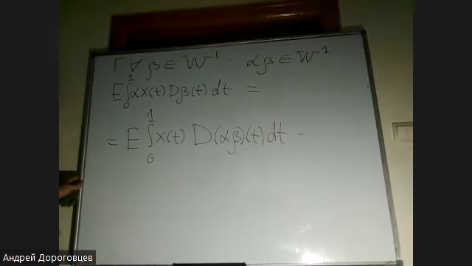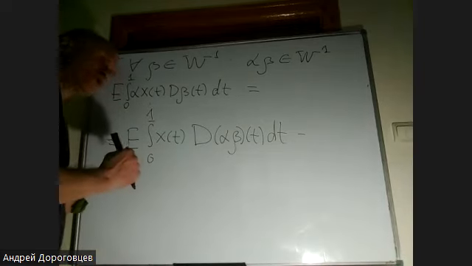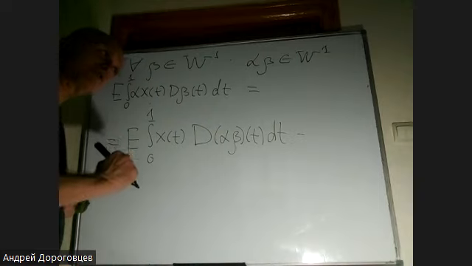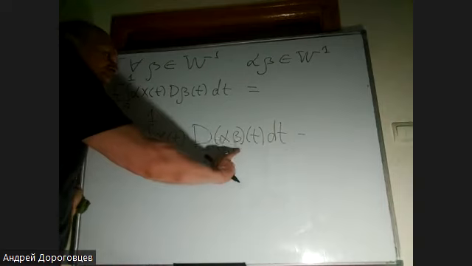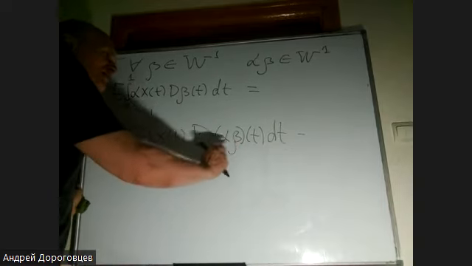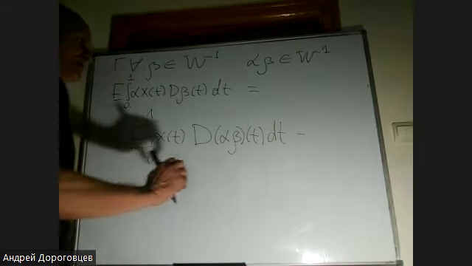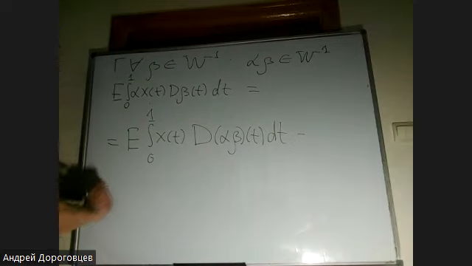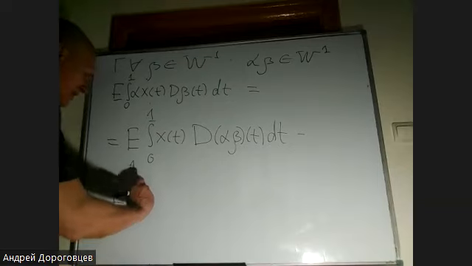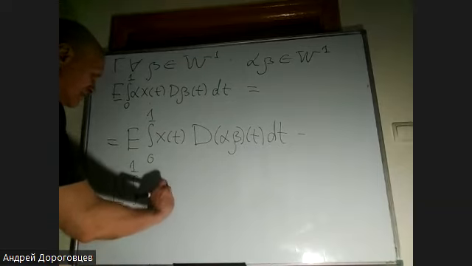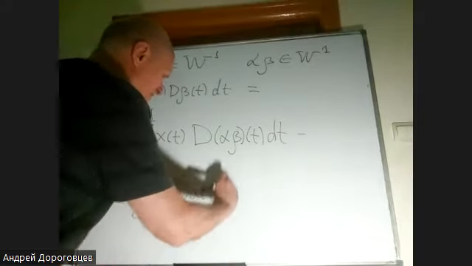I just recalled today already that stochastic derivatives satisfy all usual rules of derivatives from real analysis. So the derivative of the product is alpha multiplied by the derivative of beta plus beta multiplied by the derivative of alpha.